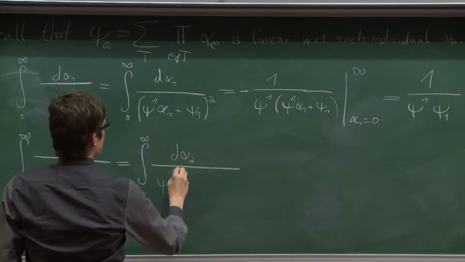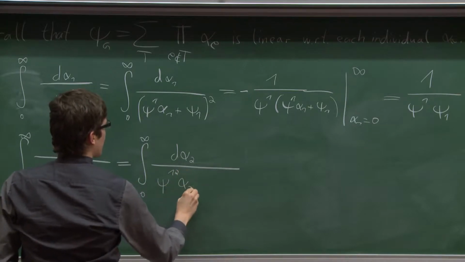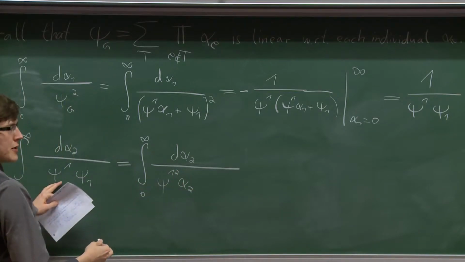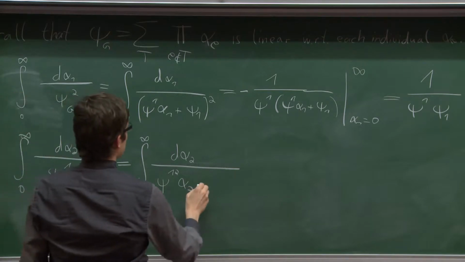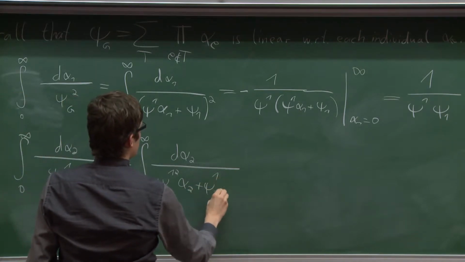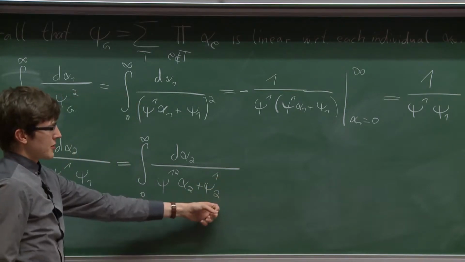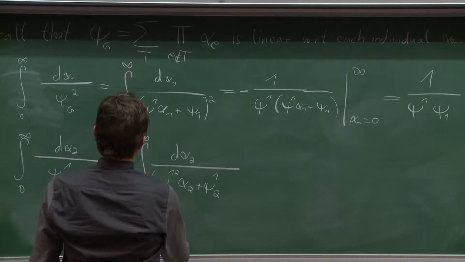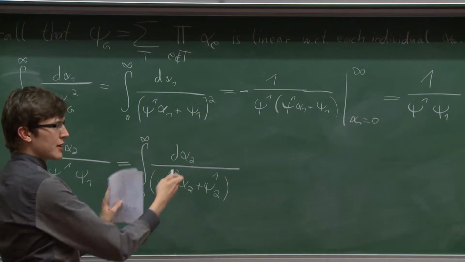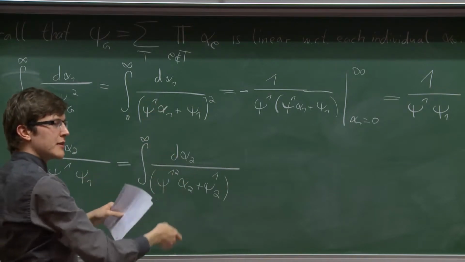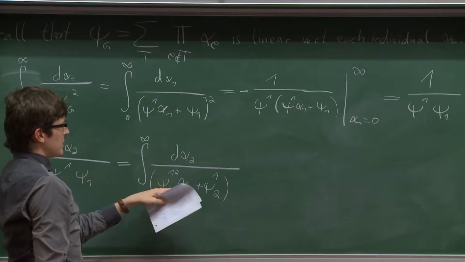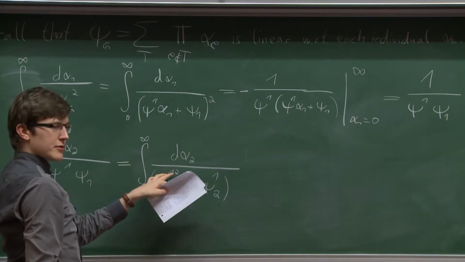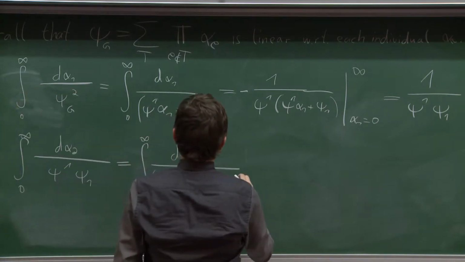I call psi upper 1 upper 2 the coefficient of alpha 2 in psi upper 1, which is a polynomial depending on the other variables, and psi upper 1 lower 2 the constant part with respect to alpha 2 in the polynomial psi upper 1. These are just shorthands for particular spanning trees which contain edge 2 but not edge 1, or which contain neither edge 1 nor edge 2, and so on.